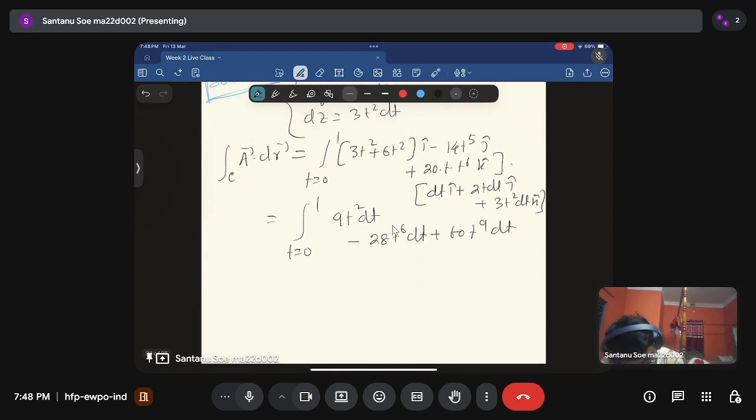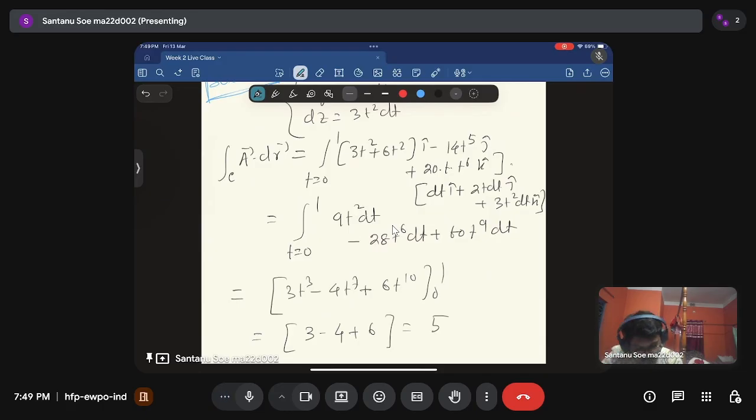Okay, and this is just 3t cube minus 4t to the power 7 plus 6t to the power 10, from 0 to 1. So this is 3 minus 4 plus 6. So the answer should be 5.